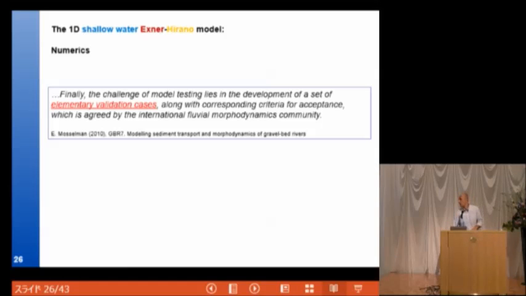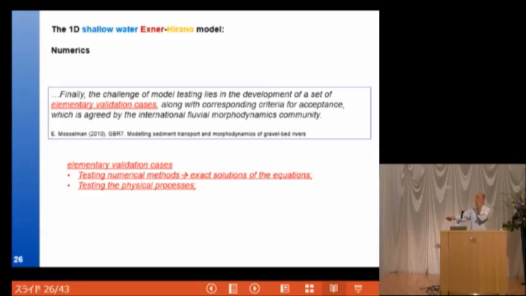Let me start with the last GBR7. I take this statement from the paper of Mosselman. It was the last statement in this paper, and he said that the challenge for modeling testing is the development of a set of elementary validation cases, along with the corresponding criteria for acceptance, which is agreed by the international fluvial morphodynamics community.